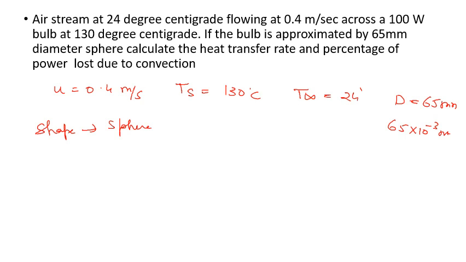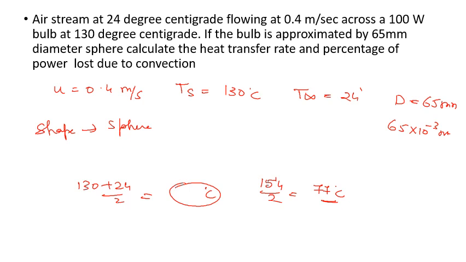So the film temperature is 130 plus 24 divided by 2, that is 154 by 2, which is 77 degrees centigrade.